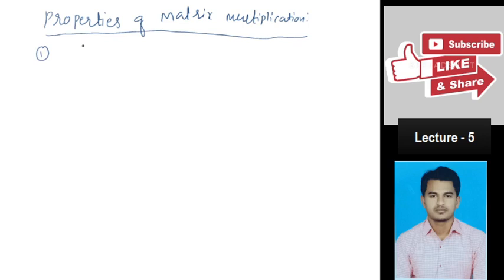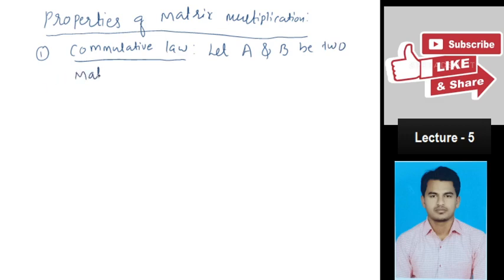The first property is the commutative law. It means what? Let A and B be two matrices.